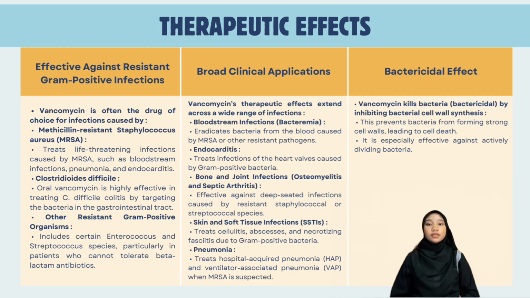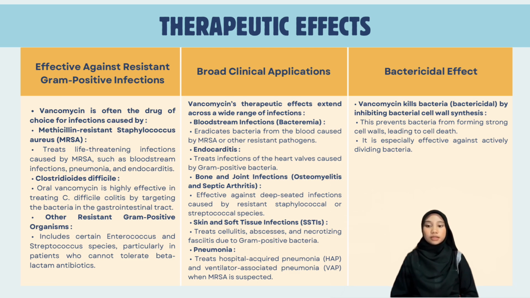Firstly is the effectiveness against resistant gram-positive infections, where vancomycin is often the drug of choice for infections caused by methicillin-resistant Staphylococcus aureus (MRSA), where it treats life-threatening infections caused by MRSA, such as bloodstream infections, pneumonia, and endocarditis. Next is Clostridioides difficile.